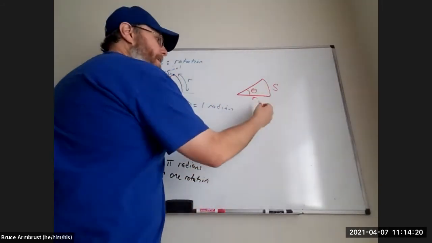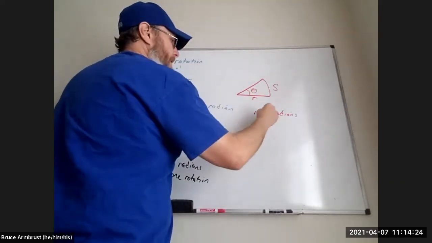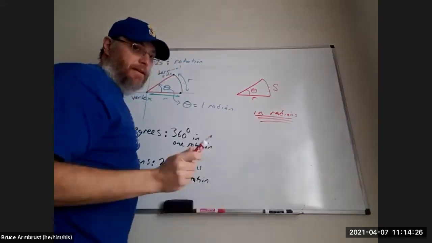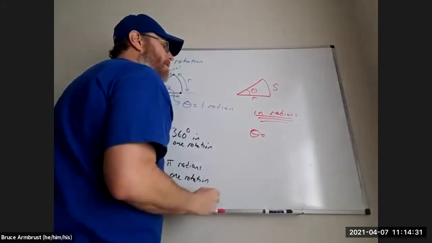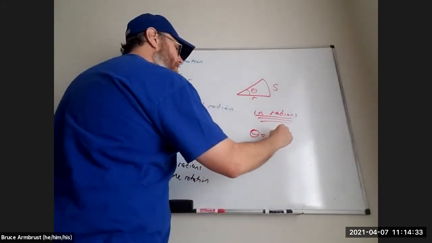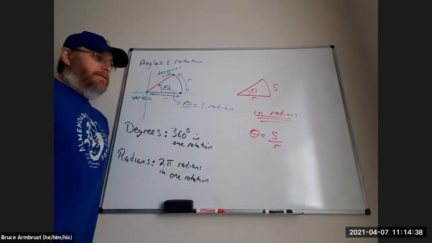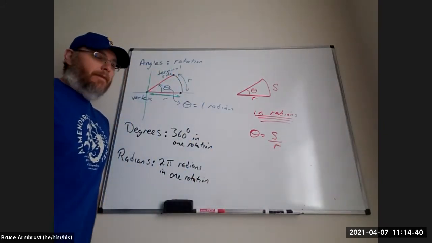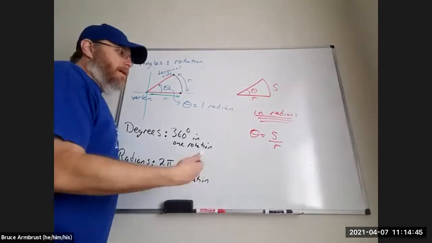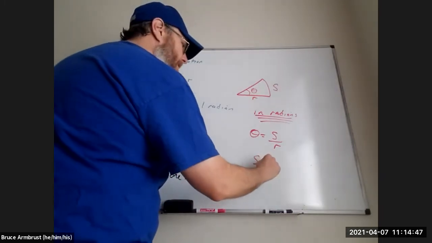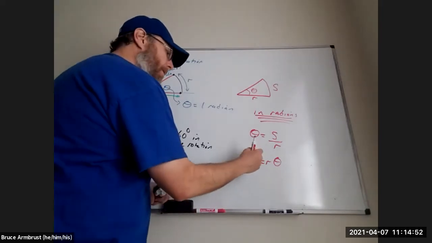Well, the way that theta is defined in radians, this is important. In radians, not in degrees, that angle is just the arc length divided by the radius of the circle. So theta is just equal to S divided by R. I remember this as S equals R times theta, and this is what I recommend you remember.